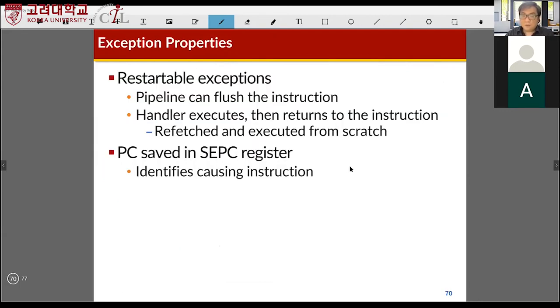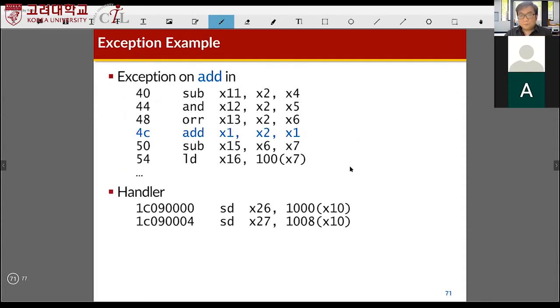So this exception handling can be implemented in the pipeline processor like this. We already explained it, and I also explained how the precise exception is handled by the computer processor. Also, this is an example of the exception and the exception handler code. This is the program counter of the normal code.